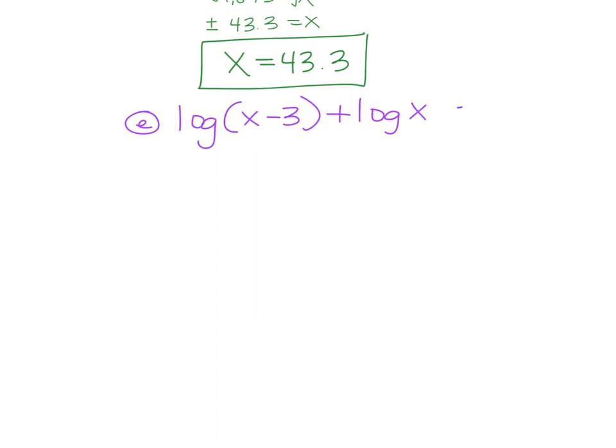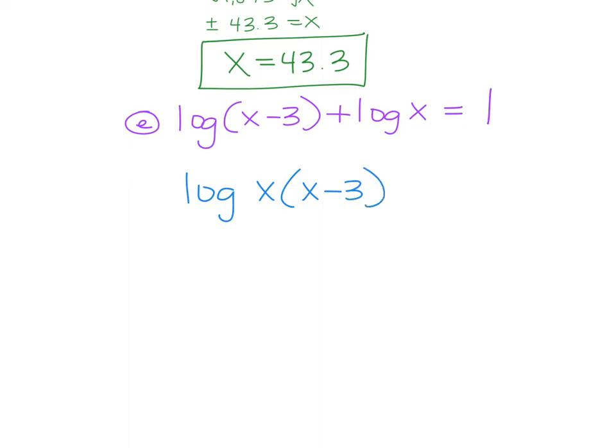Okay, last one looks like this. Log of (x minus 3) plus log x equals 1. When you are adding logs, what are you actually doing? You're multiplying. So we are saying log, I'm going to put the x in front because I like it better that way.